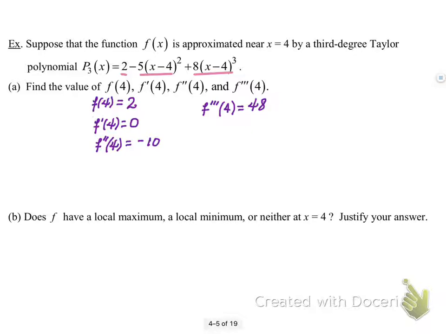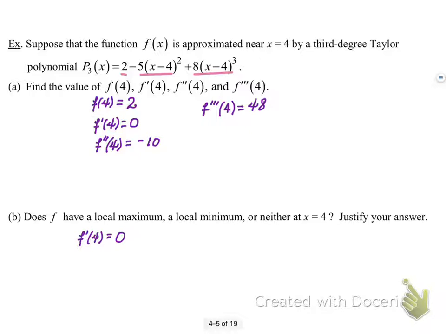Does f have a local maximum, minimum, or neither at x equals 4? Well, we know that the first derivative at 4 is actually just 0.